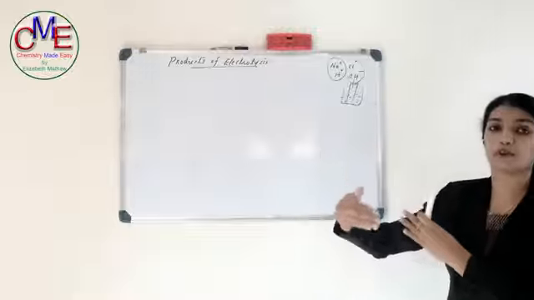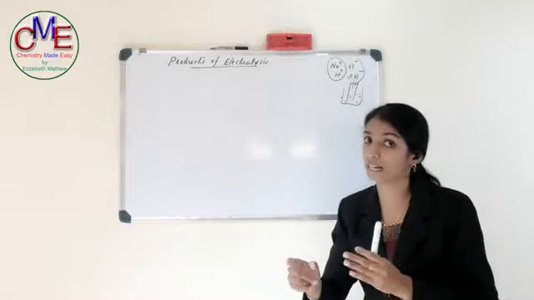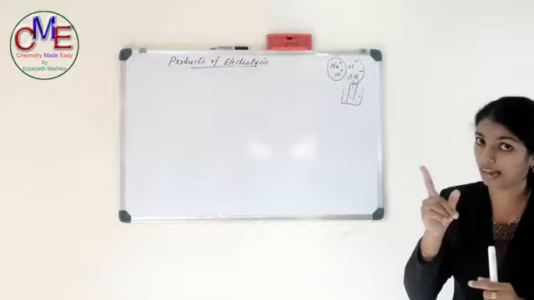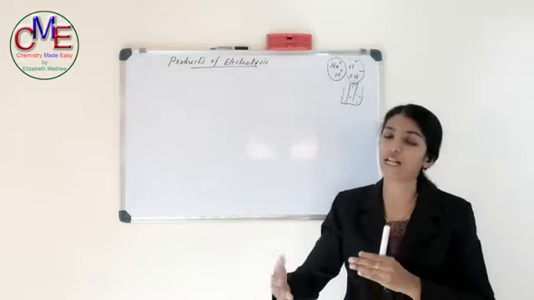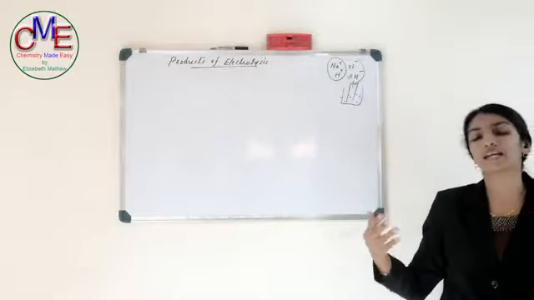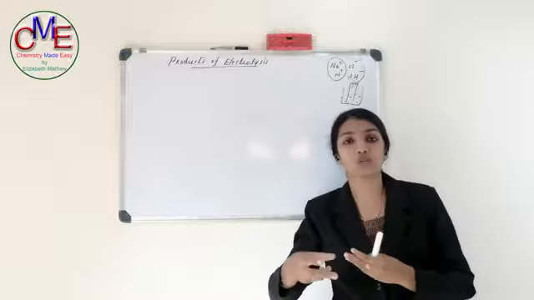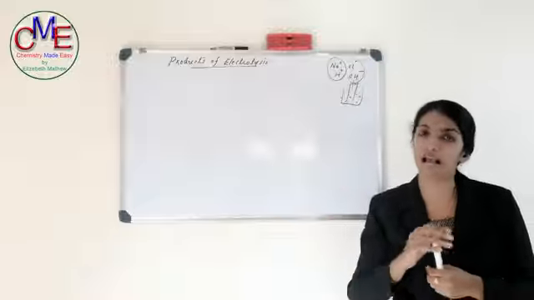Here two types of positively charged ions and two types of negatively charged ions are there if we use an aqueous solution of sodium chloride. But only one will react. That depends upon the oxidation potential or reduction potential. The ion which has more tendency to oxidize, or we can say more tendency to lose electrons, gets oxidized at the anode.